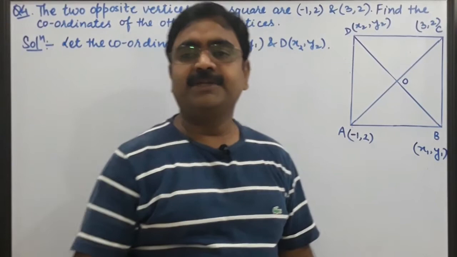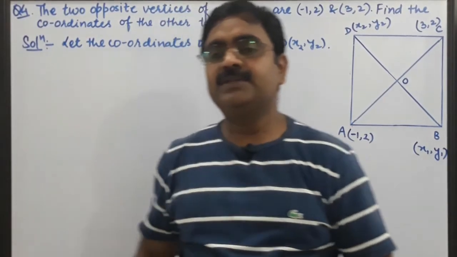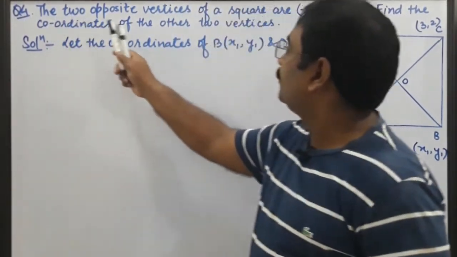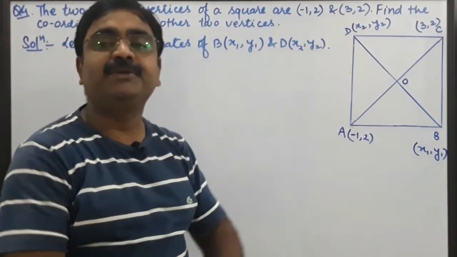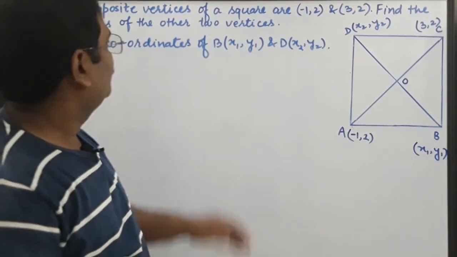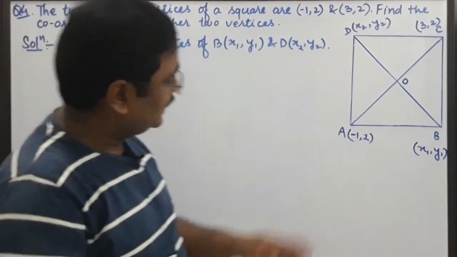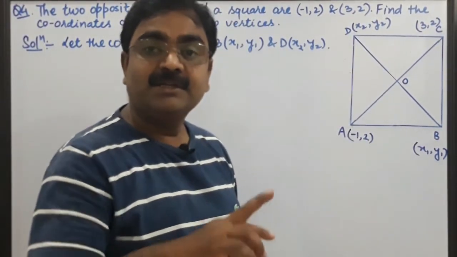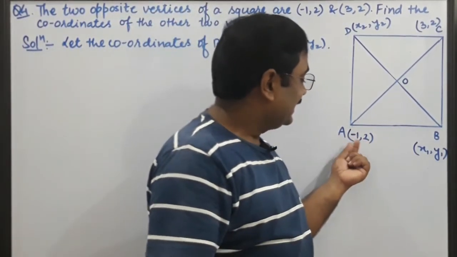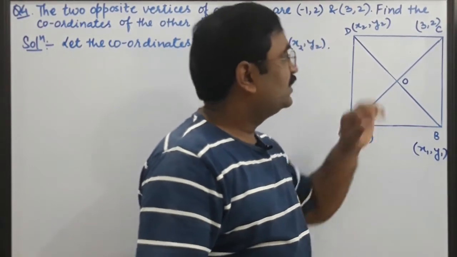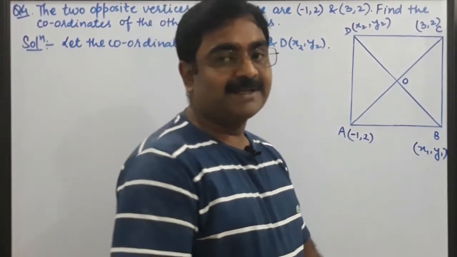Okay dear friends, so let us see the solution of question number 4. In this it is given that two opposite vertices of a square are (minus 1, 2) and (3, 2). Then find the coordinates of the other two vertices of this square. So let ABCD be a square. The coordinates of A are (minus 1, 2) and the coordinates of C are (3, 2).